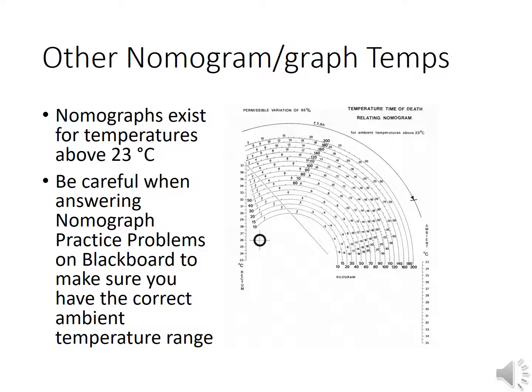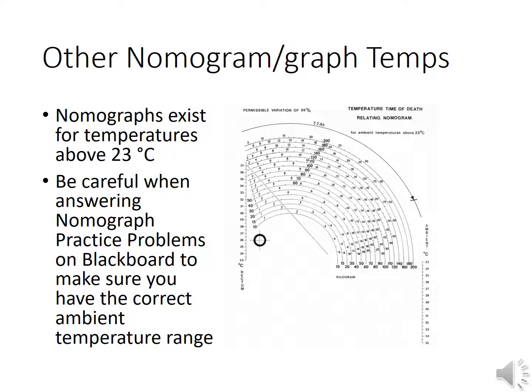A reason I bring this up is because of those nomogram practice problems on Blackboard, which I hope you will try. I hope you feel comfortable enough with the concept now that you don't feel you need to, but just to be sure, I would love to have you download that file and work on those and then check your answers against the answer key.